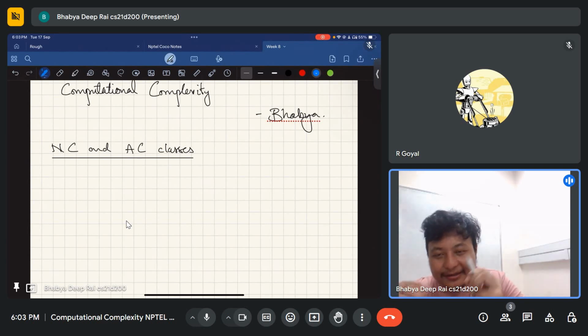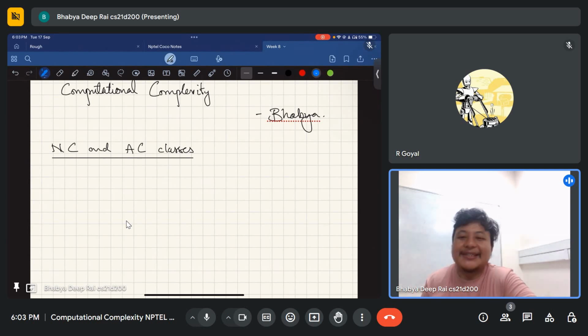Now, since you have languages, you can add restrictions on the circuit. Like you add restrictions on the Turing machine, whether it is deterministic or time bounded or space bounded, and you came up with different complexity classes. Similarly, you can come up with different complexity classes here also, and one example is the NC and AC classes.